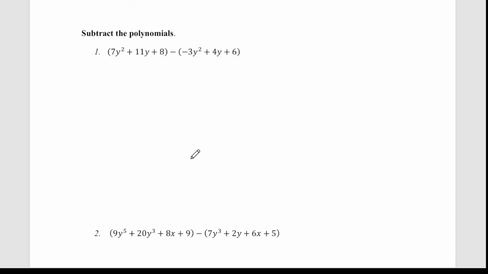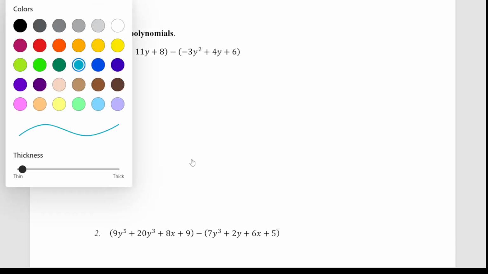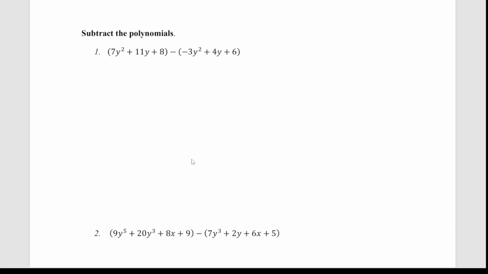For the subtraction, you're going to want to make sure that you distribute that subtraction first before setting this up vertically. So I'm going to rewrite that first term exactly as is, 7y squared plus 11y plus 8. And now I'm going to be adding after I distribute that subtraction.